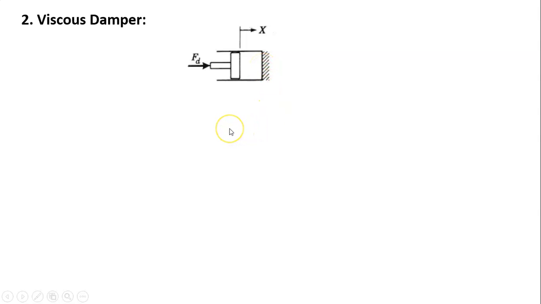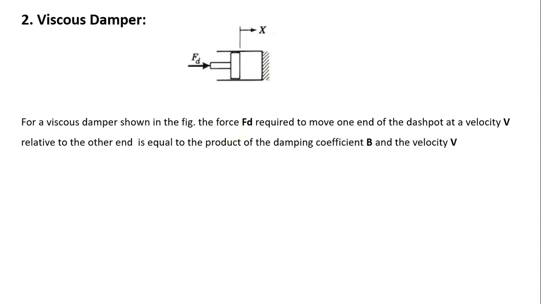Therefore, you can write that for a viscous damper shown in the figure, the force FD required to move one end of the dashpot at a velocity V relative to the other end is equal to the product of the damping coefficient B and the velocity V. Therefore, FD is equal to B into V, which is equal to B into dx by dt.